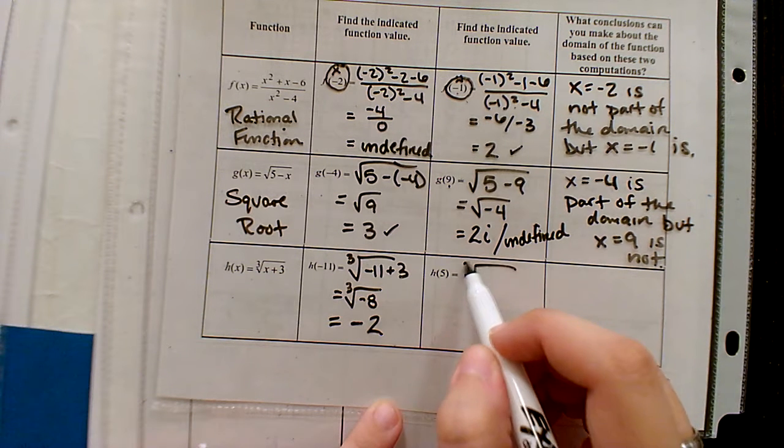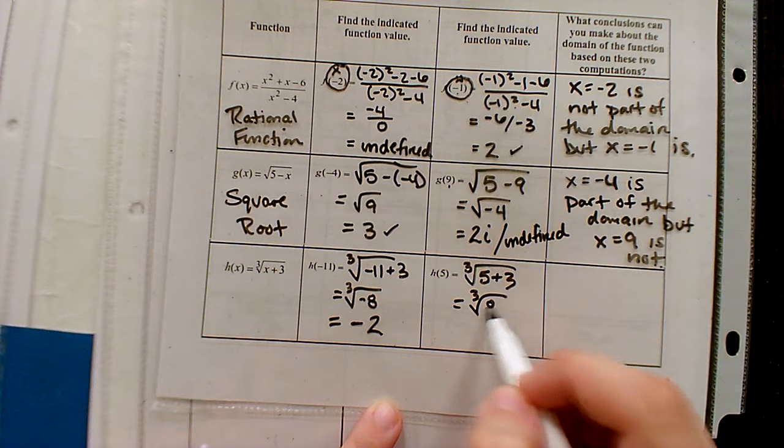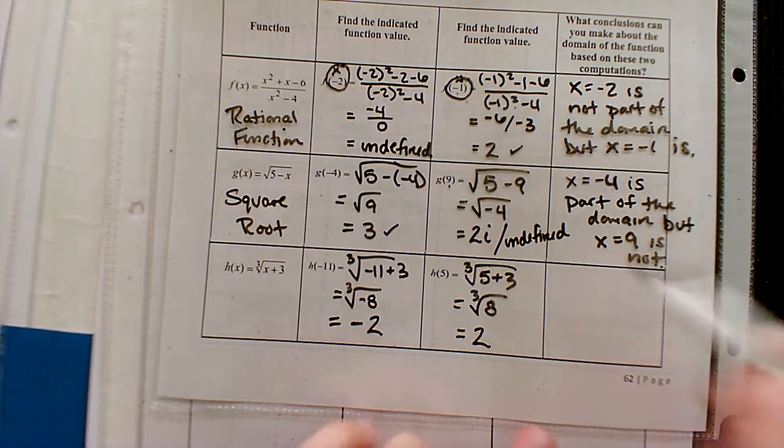Let's go ahead and try to plug in 5. This time it's just the cubed root of 8. So instead of negative 2, we would have positive 2. 2 times 2 times 2 is 8. So what conclusions can we make?